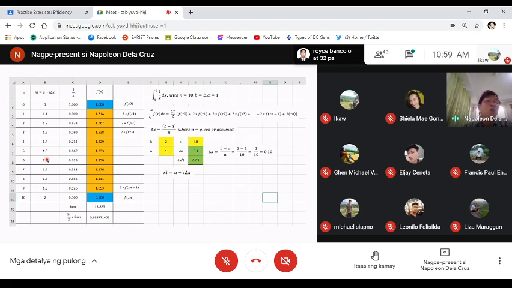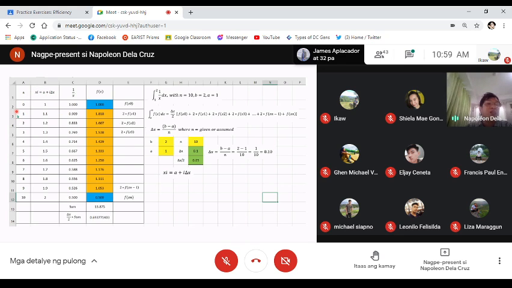Okay. So therefore, xi, if i is 0, x0, a is equal to 1 plus 0 times delta x. So this will become 0, so definitely this will become 1. If i is equal to 1, x1 is equal to 1 plus 1 times 0.10, so that will become 1.10.